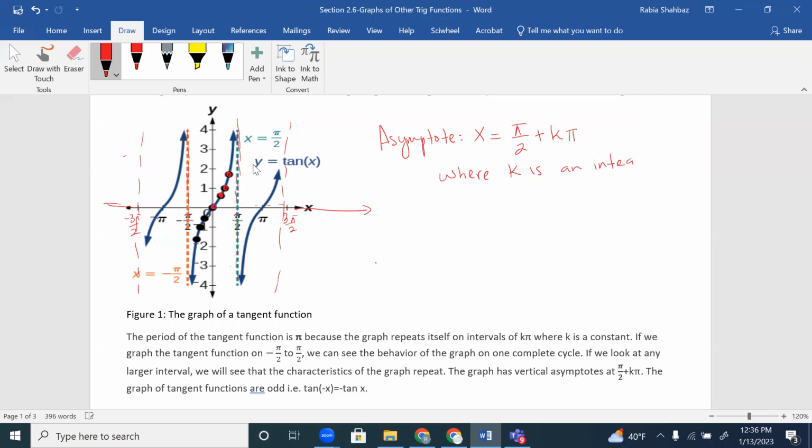So if you keep adding pi, like for 3 pi over 2, if I add another pi, then I'll have another vertical asymptote. And same thing, if I keep adding negative values of pi, there will be asymptotes on the left-hand side. So k is an integer. Integers are both positive and negative, so you will have all of the vertical asymptotes in this tangent function.